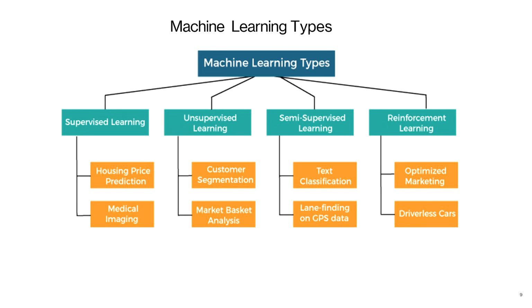The third type is semi-supervised learning. As the name suggests, it combines characteristics of supervised and unsupervised learning. In many real-world situations, collecting labeled data can be expensive and time-consuming. However, a large amount of unlabeled data may be available.